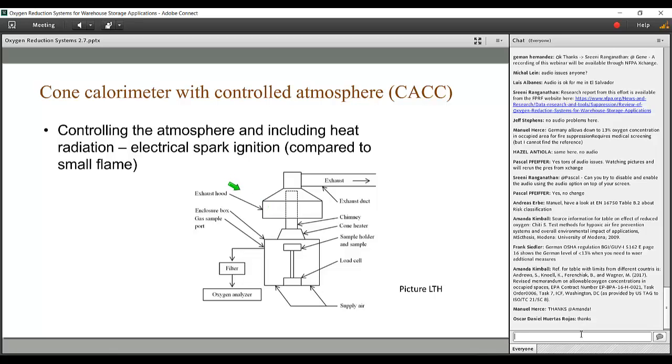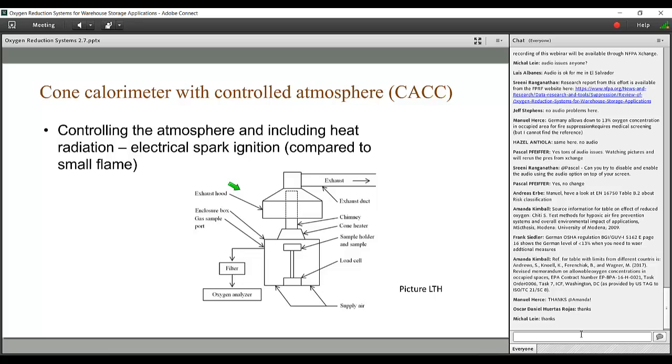But on the other hand, the ISO committee related to fire, ISO TC 92 Subcommittee 1, has a work item and they've also done quite a lot of research on that, which puts the whole cone, and now I've drawn this picture into a box, where we call this the cone calorimeter with controlled atmosphere, or CACC.